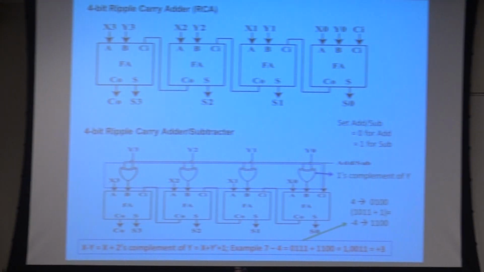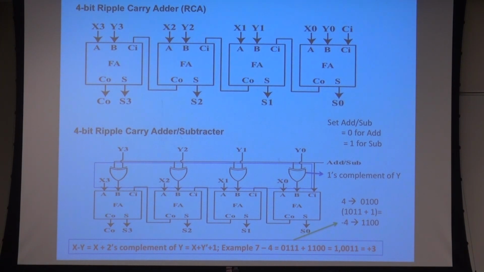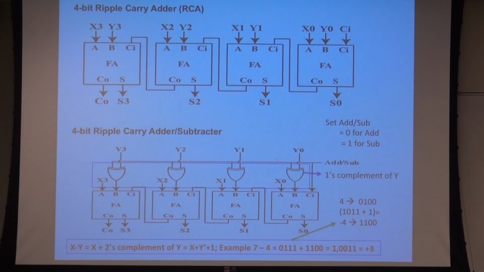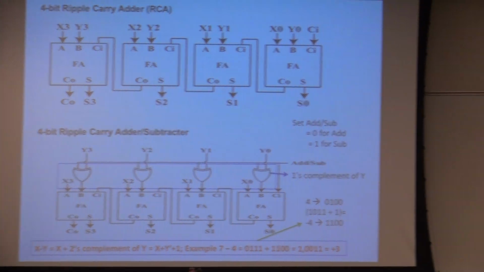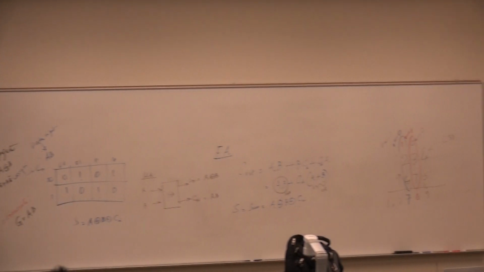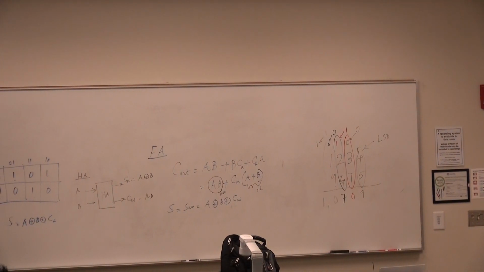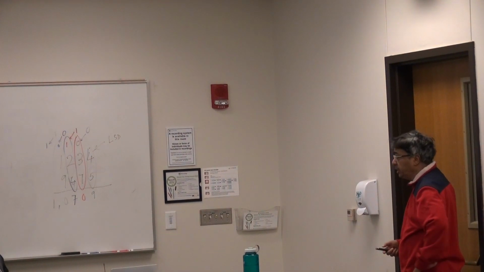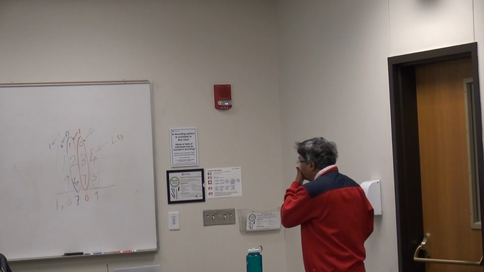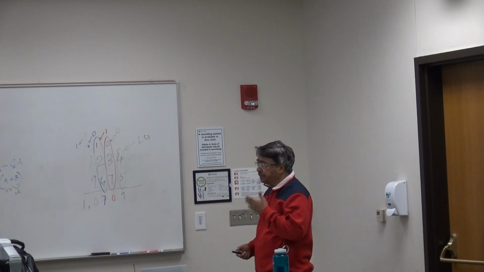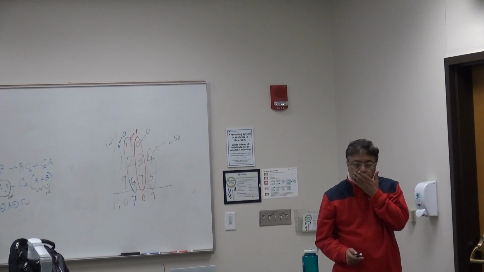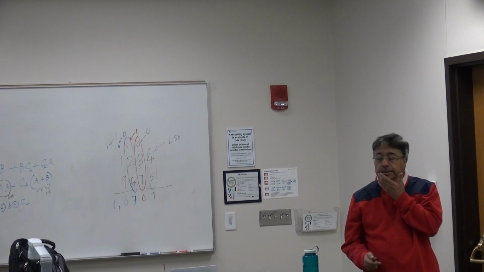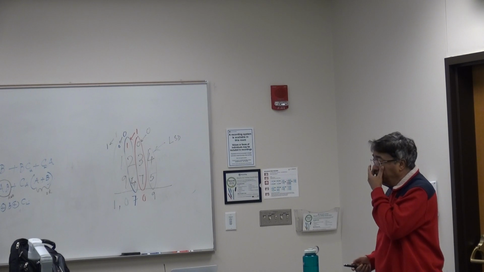Effectively, the carry which is generated at any stage propagates or rather ripples through the different stages, and that's why it is called ripple carry adder, RCA. So this is the simplest form, and very easy to connect them.